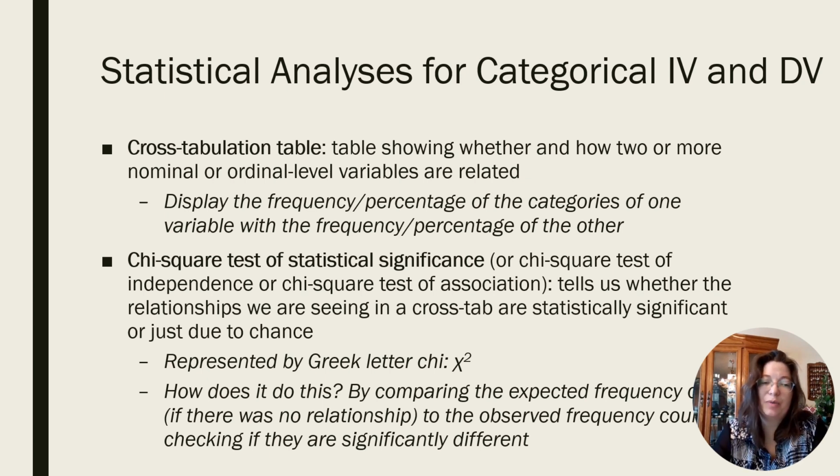And then we use the chi-square test of independence, or chi-square test of statistical significance, to tell us if the relationship we're seeing in the cross-tabulation table is statistically significant or just due to chance. The way that we do this is we compare the expected frequency of each of the variables within the other, if there was no relationship, to the actual observed frequency to check if they are statistically different.